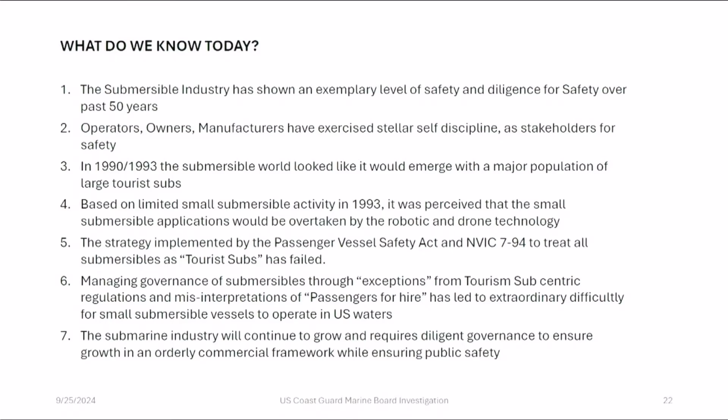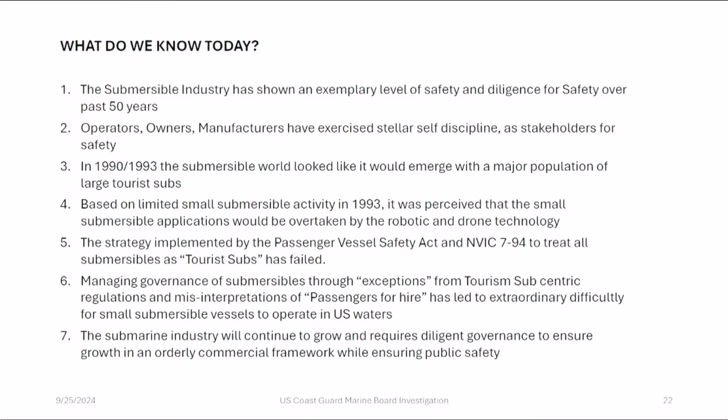Based on limited small submersible activity in 1993, it was perceived that small submersible applications would be overtaken by the robotic and drone technology. I've been at this long enough, people told me, why are you dealing with a dead technology that's never going to go anywhere?